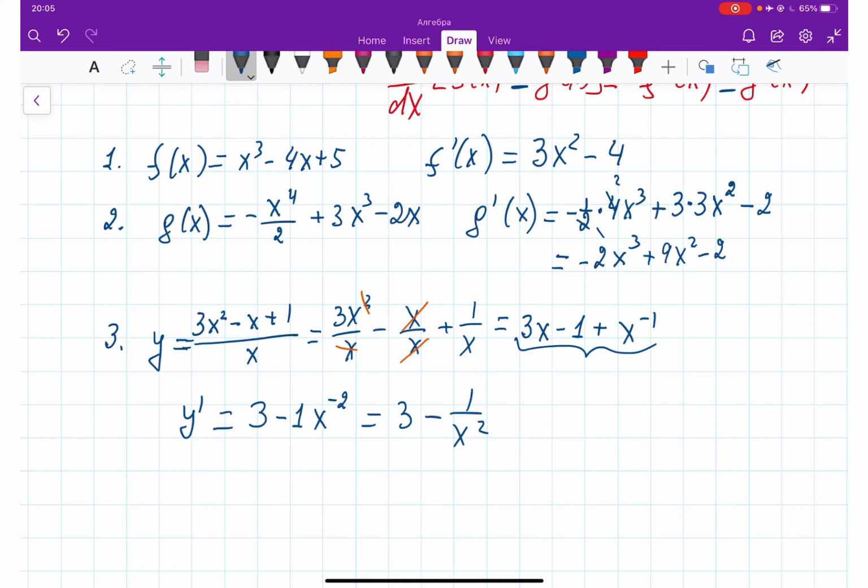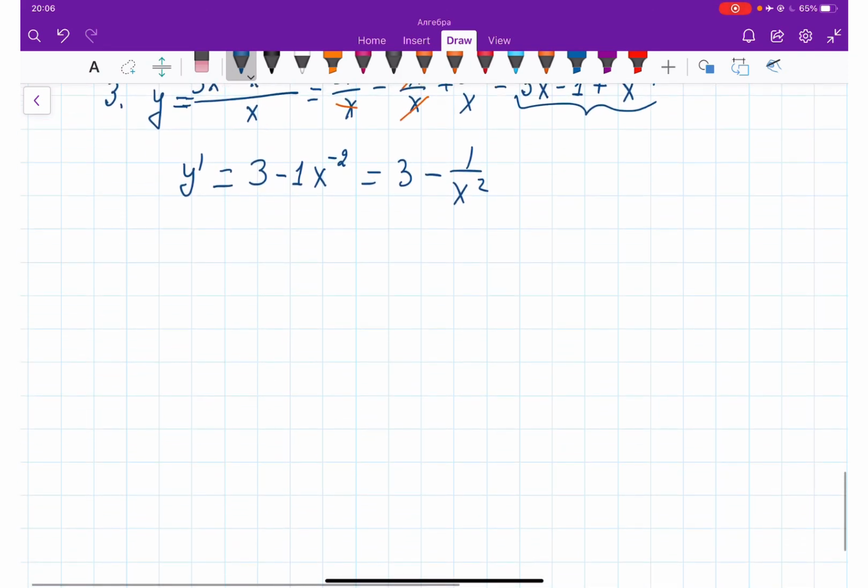And lastly, we do the derivative of sine and cosine. I'll bring several short examples, and I will be done.